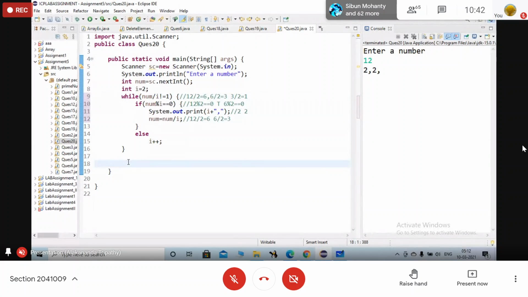What will be the value? 1. तो यहाँ पर क्या हो गया? It will terminate. ये false आ गया.